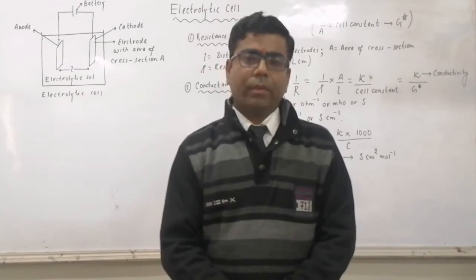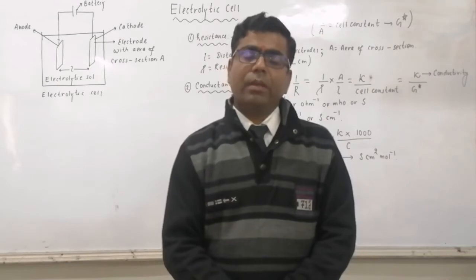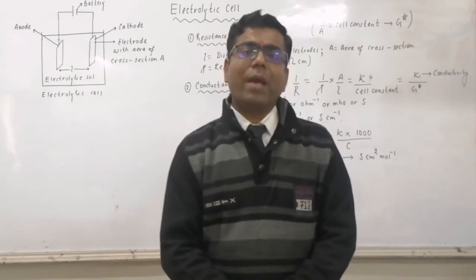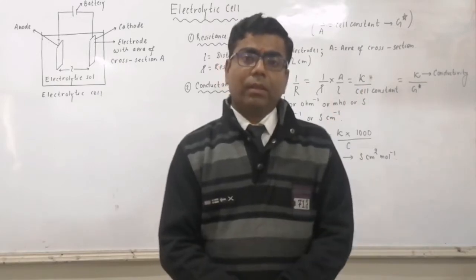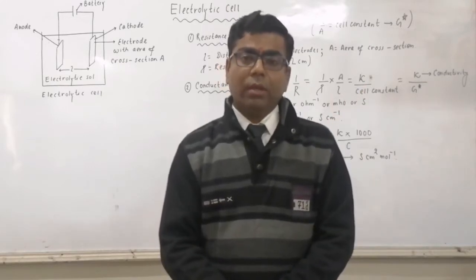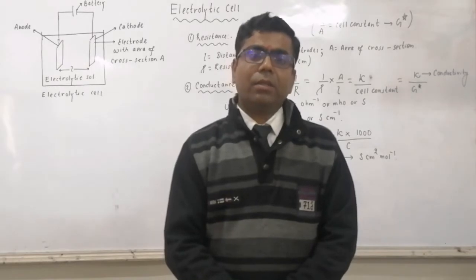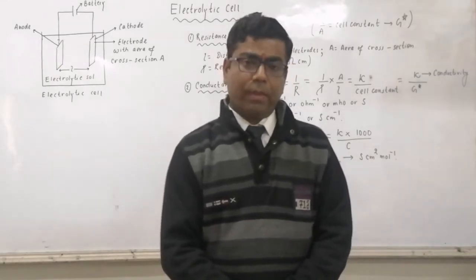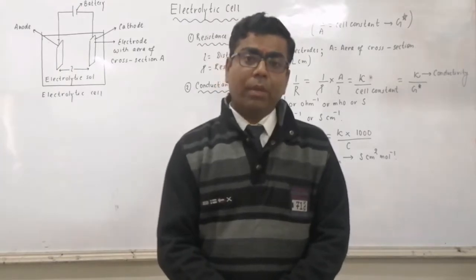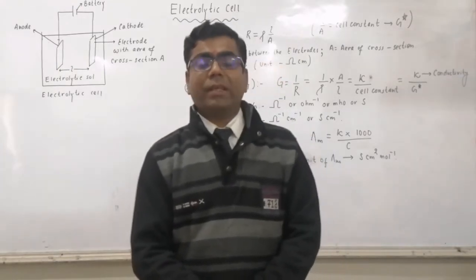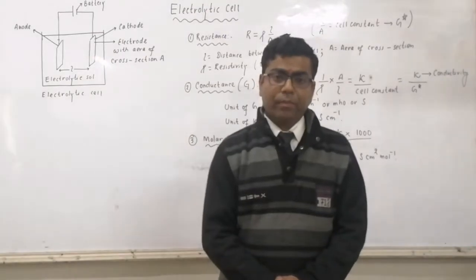But here, the reduction and oxidation take place in the same vessel. An electrochemical cell is spontaneous in nature, while an electrolytic cell is non-spontaneous in nature. If we want to carry out a chemical reaction, then every time we have to supply energy in the form of electricity, electric current.